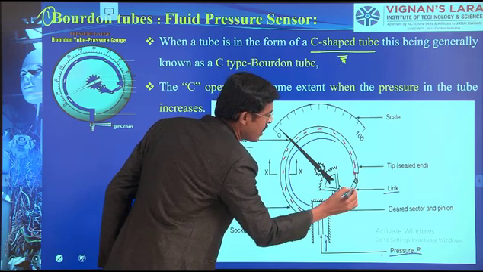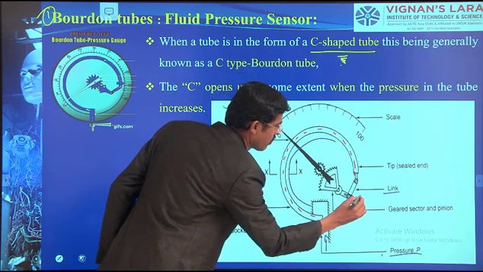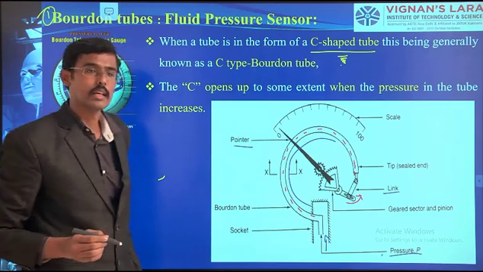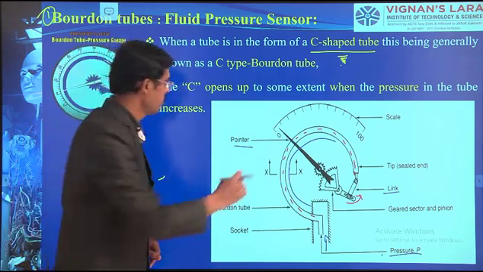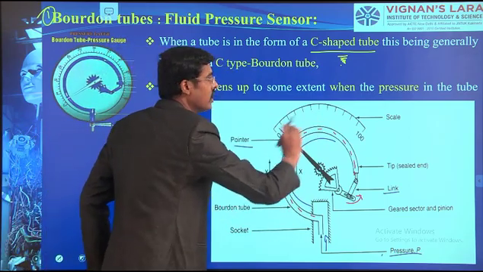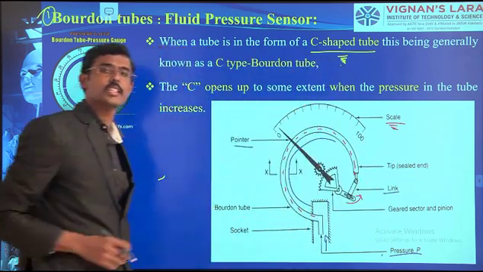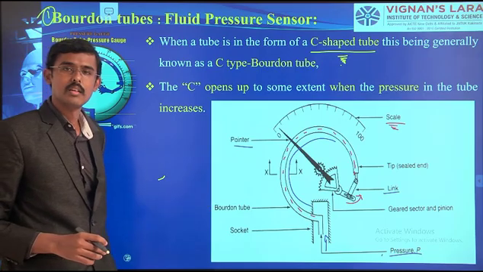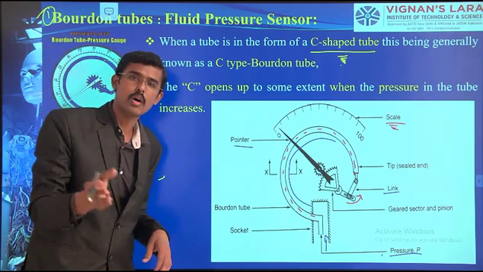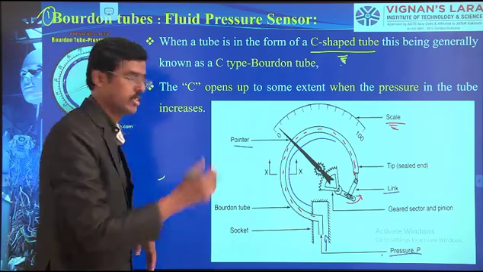It makes the link move here and there. This movement makes a change in the indicator's scale. So these indications can be read as a pressure gauge, in bar, millibar, whatever it is, a pressure measurement.